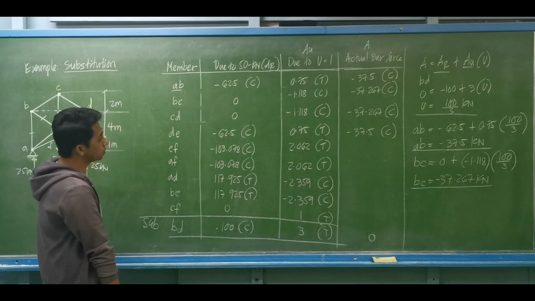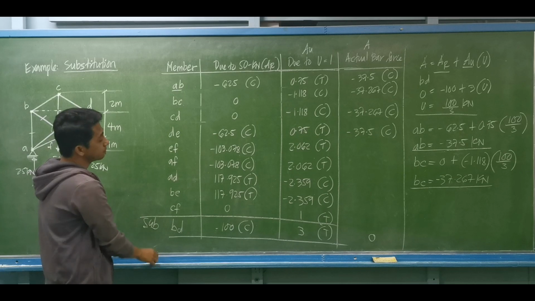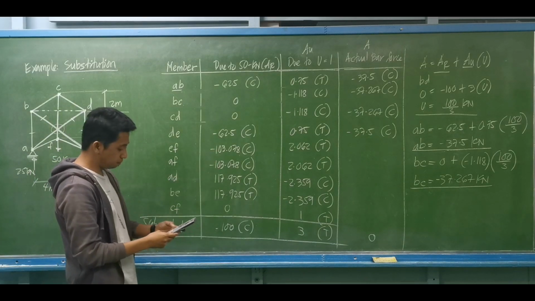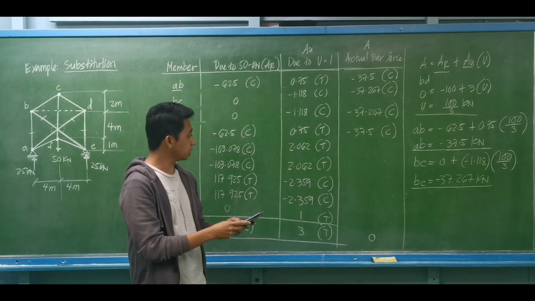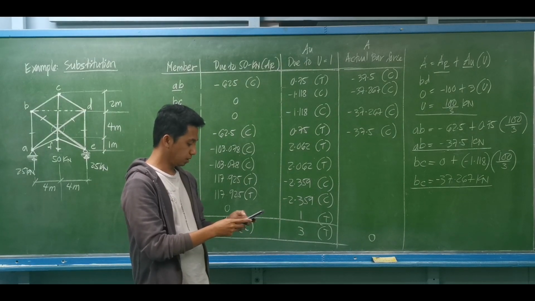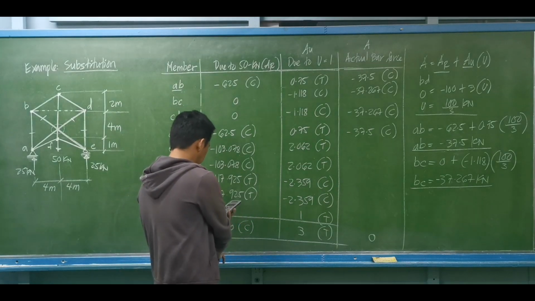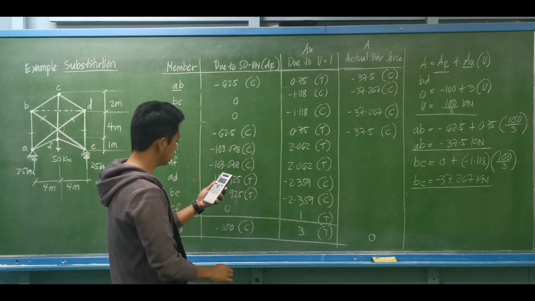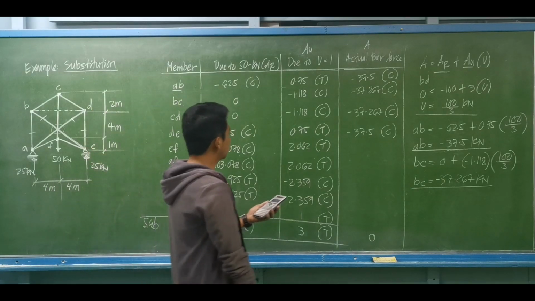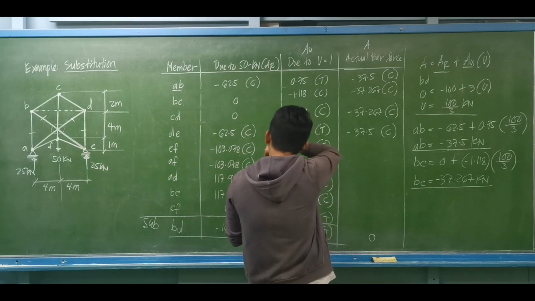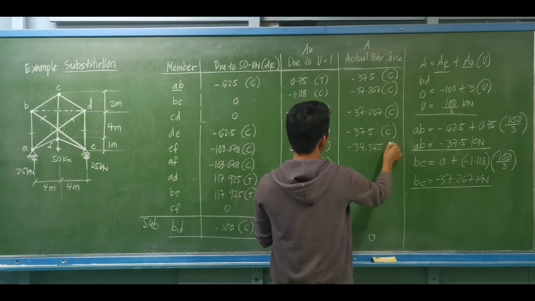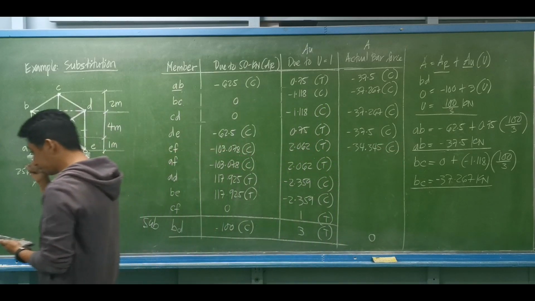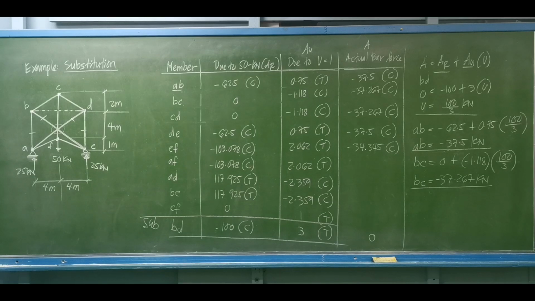So we can compute EF. EF is negative 103.078 plus A sub U, that is equal to 2.062, then multiplied by U, 100 over 3. So this is equal to negative 34.345, also under compression for member EF.